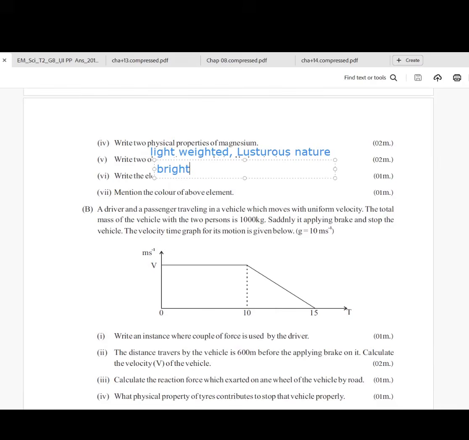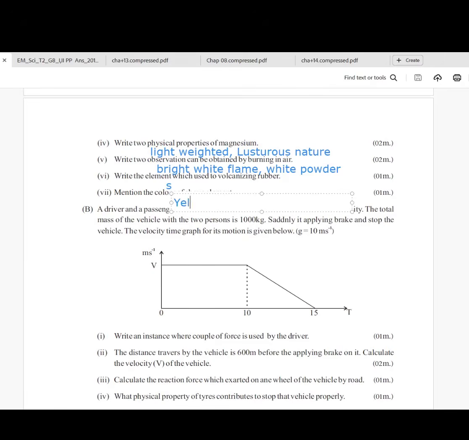Bright white flame, white powder. Write the element used for vulcanizing rubber. Answer: sulfur. Mention the color of the above element. It's yellow in color.